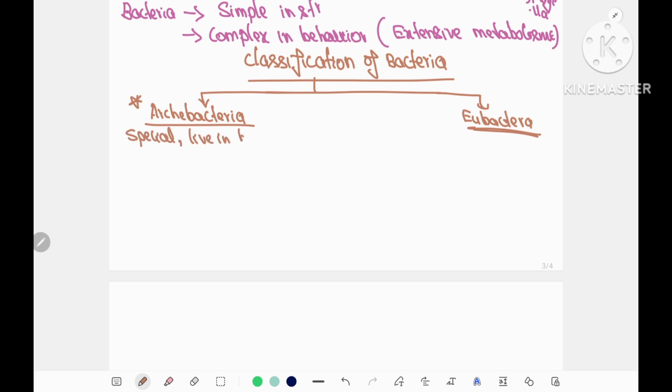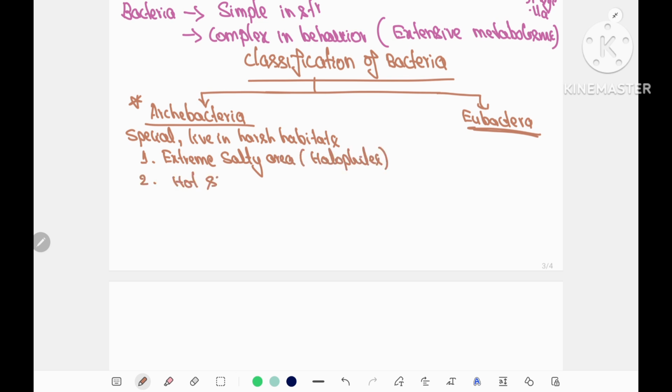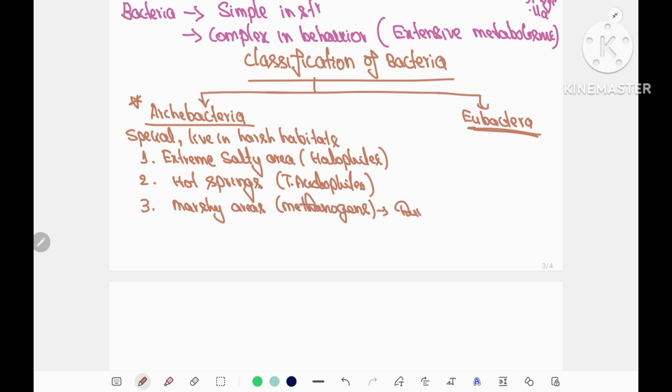Now let us look quickly at classification of bacteria. Bacteria are mainly classified into 2 types, archaebacteria and eubacteria. Archaebacteria are considered special bacteria because they live in harsh habitats like extremely salty areas, and such groups of archaebacteria are called halophiles. They may live in hot springs and they are called thermoacidophiles. They may live in marshy areas, and they are called methanogens.